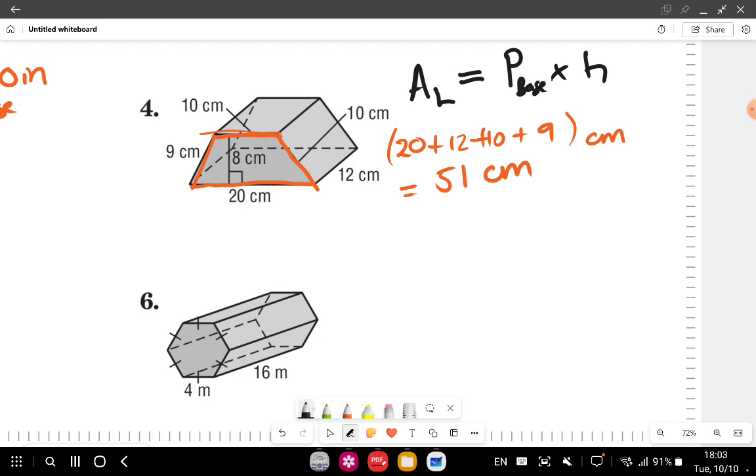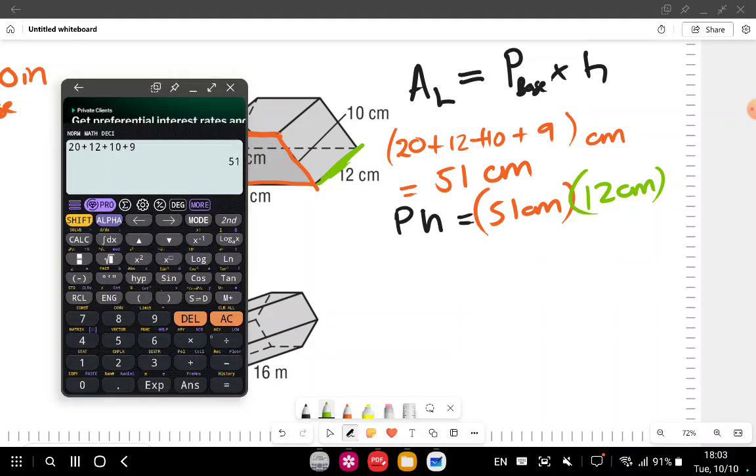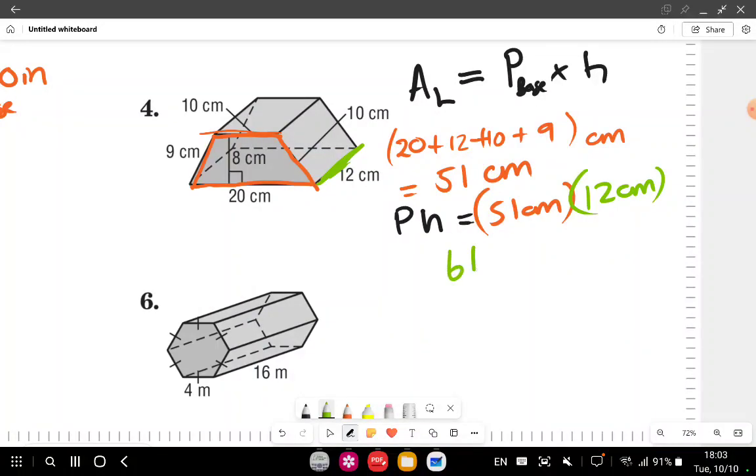Now I'm going to say perimeter times height, so PH is going to be 51 centimeters multiplied by a height of 12 centimeters, and that equals, so I'm going to say 51 times 12, 612 centimeters squared.